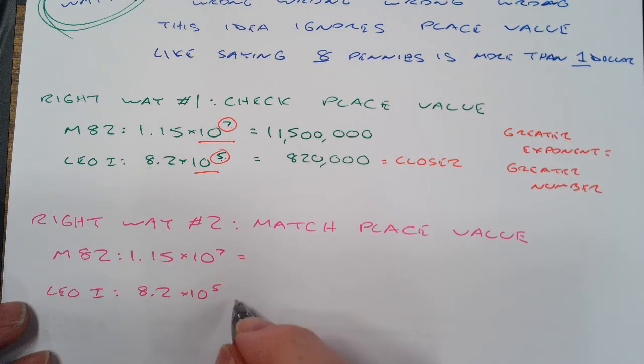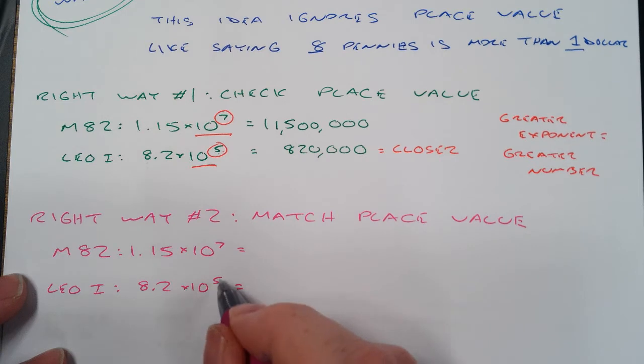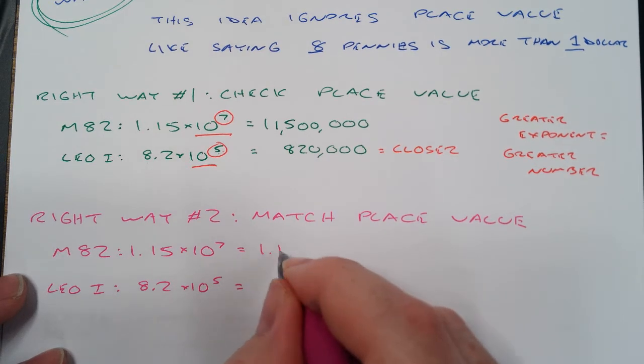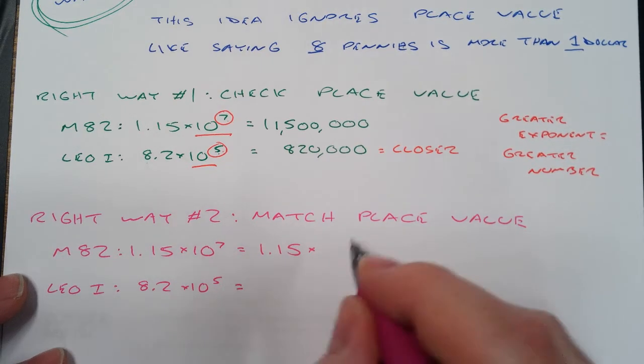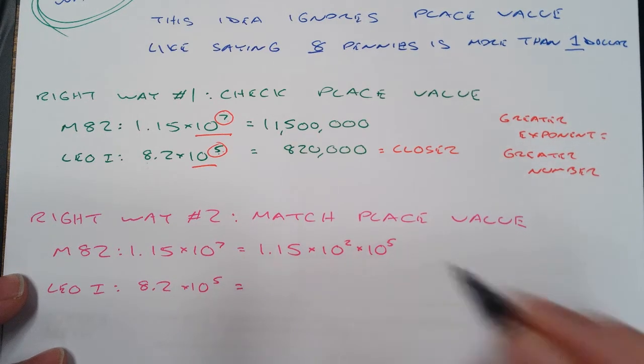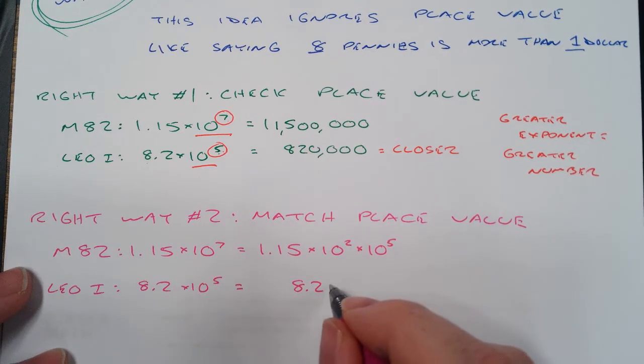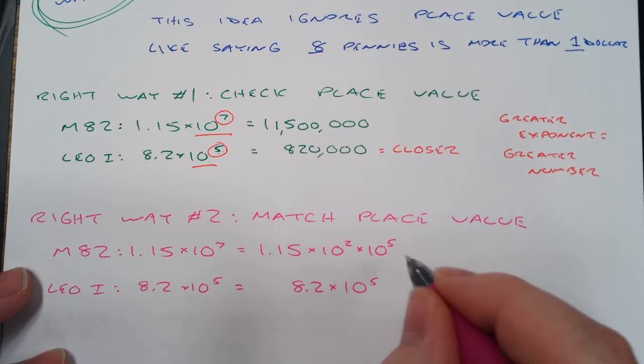I can change this place value to match this. Remember, we've done this before. I can make these both 10 to the 5th. The way I do that is by turning 10 to the 7th into 10 to the 2nd times 10 to the 5th. This, the Leo 1, can just stay the same because it's already 10 to the 5th.